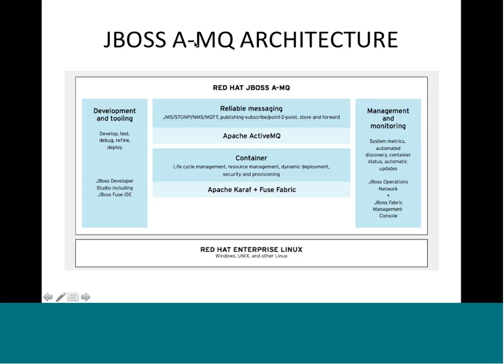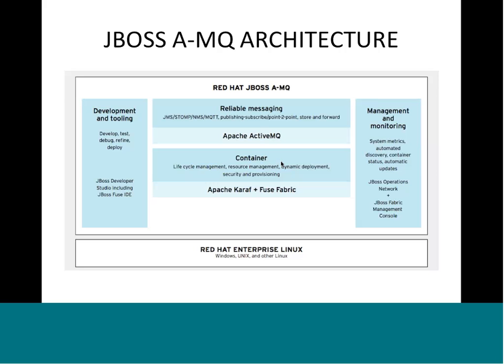Apart from that, JBoss AMQ adds the capability of treating it in the form of a container. You can do dynamic resource management, dynamic deployment, security, provisioning. It means JBoss AMQ provides a container inside which you have ActiveMQ instances like broker, you have topic, you have queue, right? And you can control the life cycle of the container.